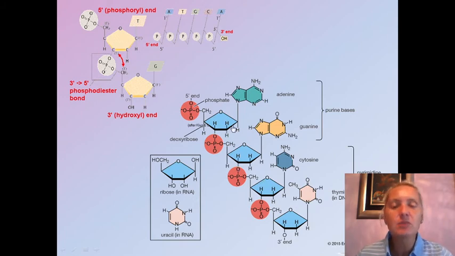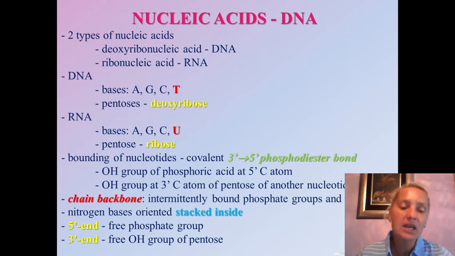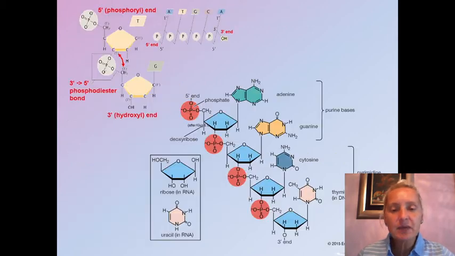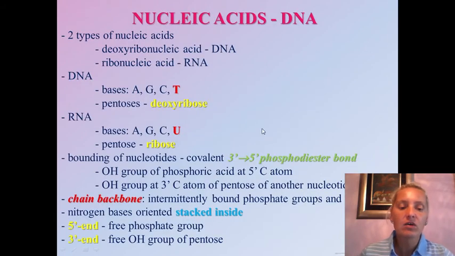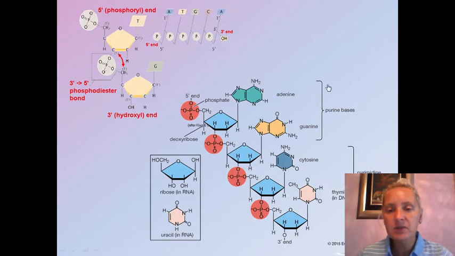And this linear part of the molecule actually represents the so-called chain backbone, or the core of the chain. So those are alternately attached phosphate groups and pentoses. And nitrogen bases, as you notice from both figures, are actually stacked inside, and they are oriented perpendicularly to the axis of the chain.